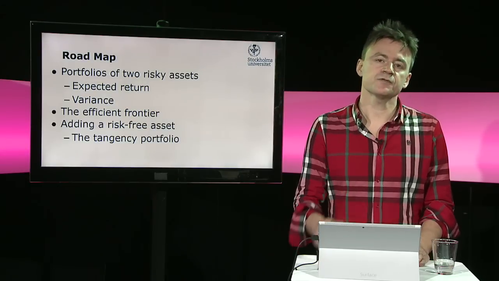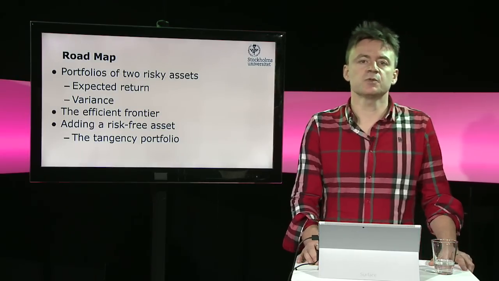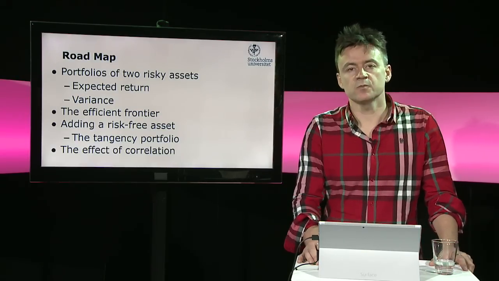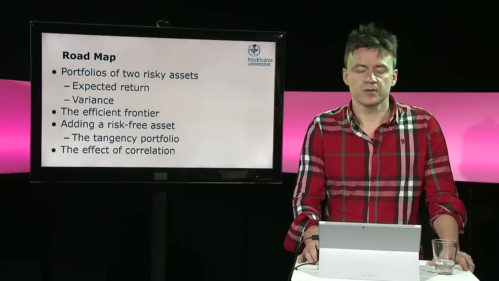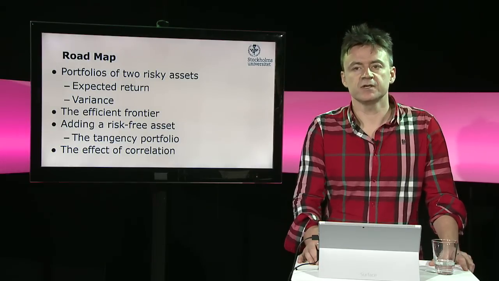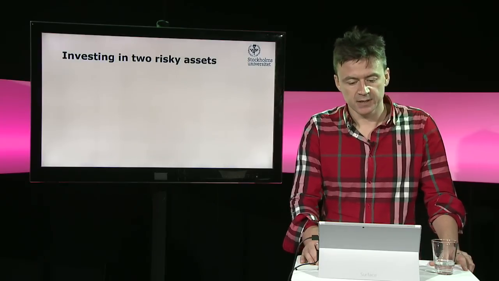We will add a risk-free asset to the mix, and we will derive what is known as the tangency portfolio. And finally, we will look at how the correlation affects the variance, the standard deviation of a portfolio of two risky assets. So let's go at it.